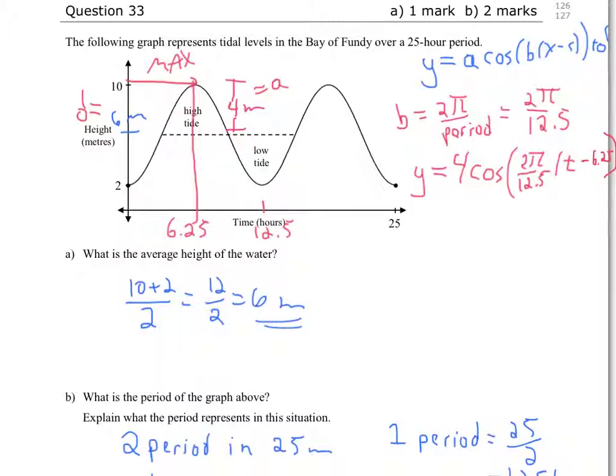And then we are going to have to close our bracket, and then we want to add that center, which is 6. All right, I hope that makes sense.